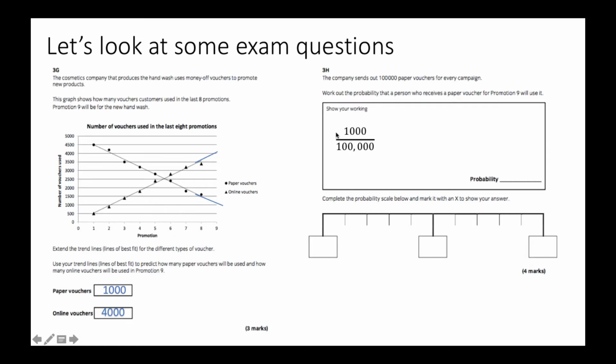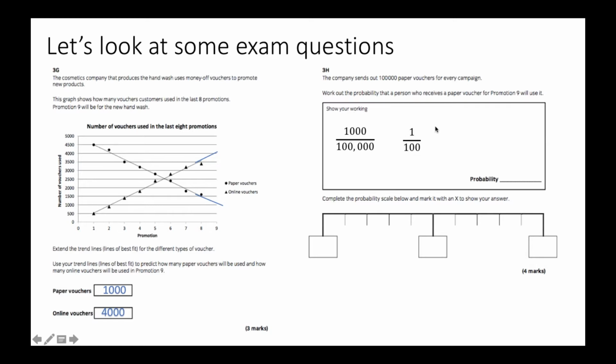Now I'm going to simplify this fraction just to make it look a little bit easier to use. And the beauty of having a fraction with lots of zeros is I can just take off 3 zeros from the top and 3 from the bottom. If I had 4 on the top, I could take off 4 on the bottom, but I don't. So if I get rid of those 3 and I get rid of those 3, it gives me 1 out of 100.